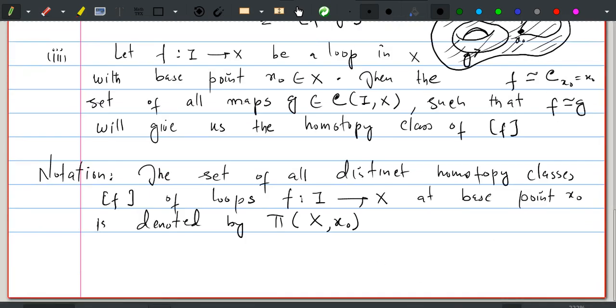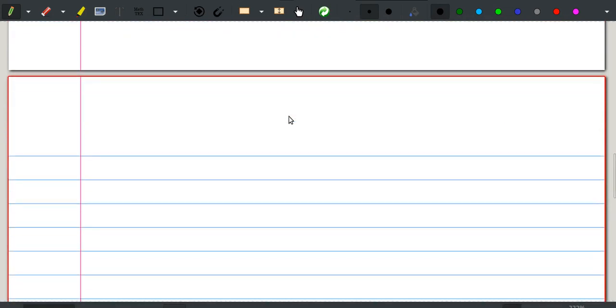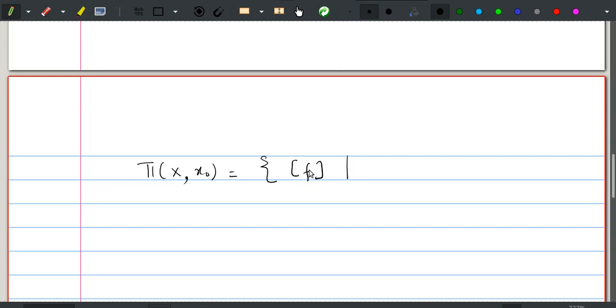That means this set pi of X, x naught is the set of all homotopy classes of f such that f is a loop in X with base point x naught.